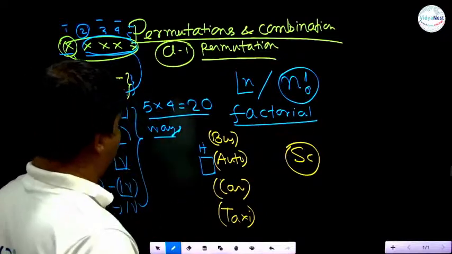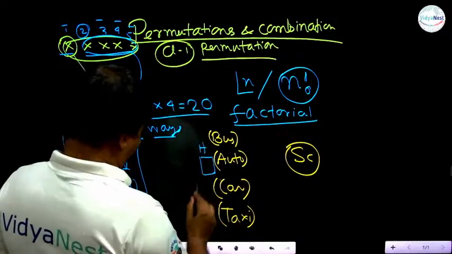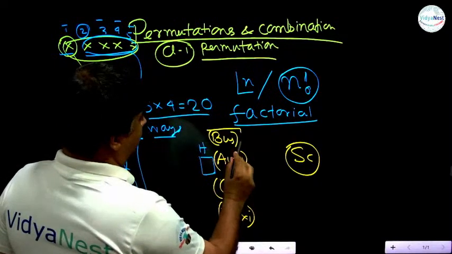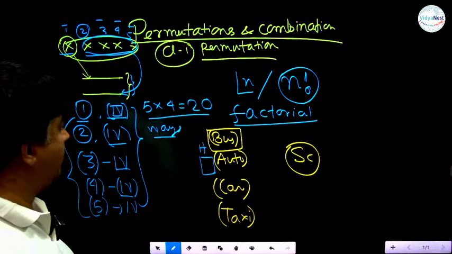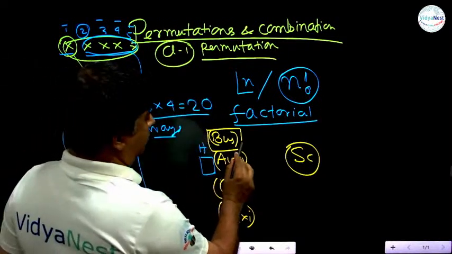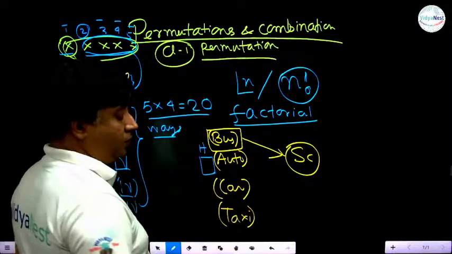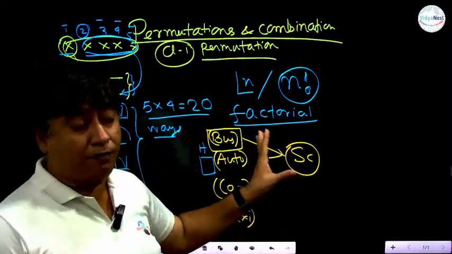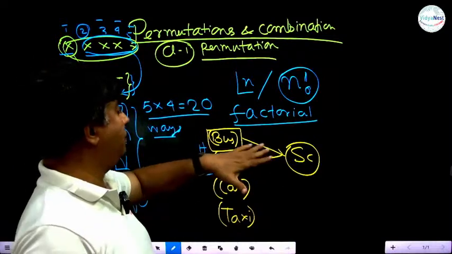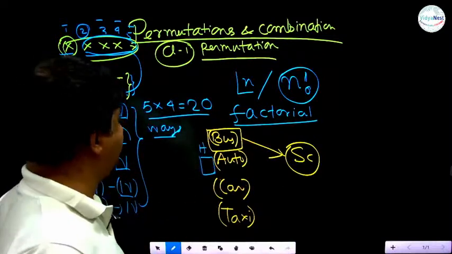See, suppose you are opting for bus. Bus means school bus, obviously, to go to your school. According to the condition imposed here, you will not be allowed to take bus in the time of return.